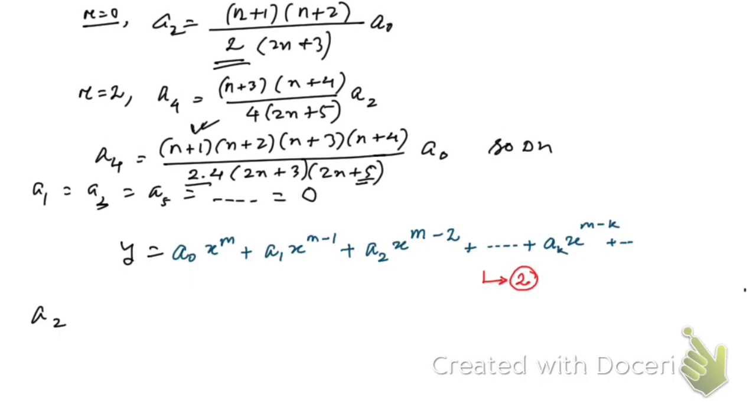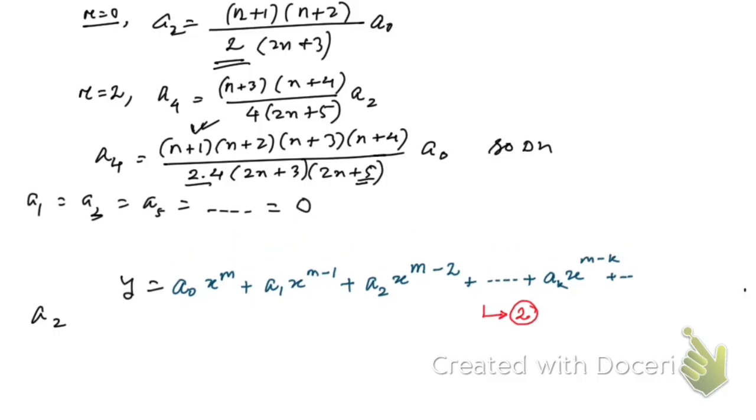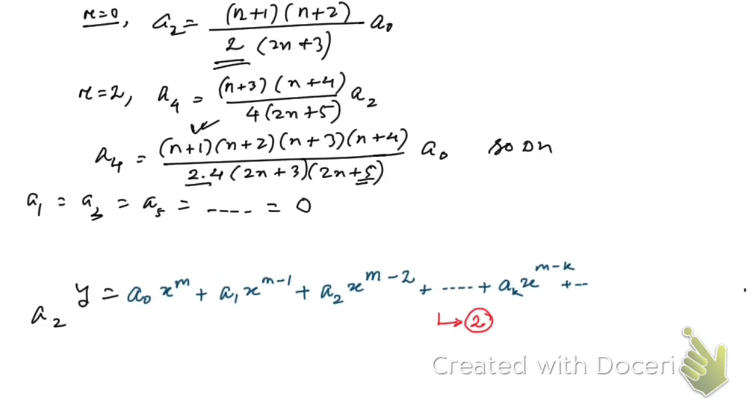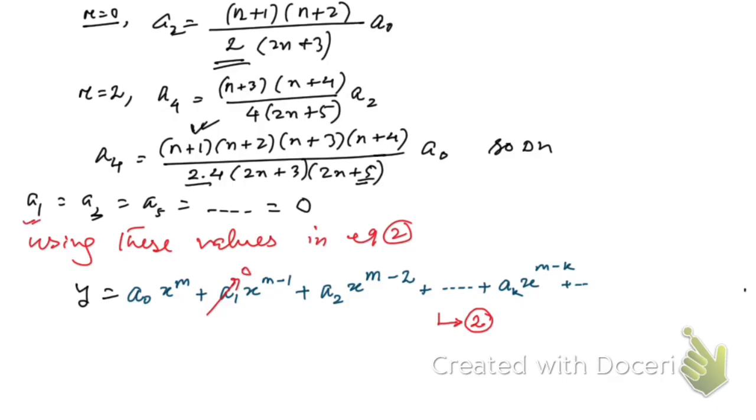What we need to do is write here that using these values in equation number 2. If we use these values in equation number 2, we're going to replace a1 by 0 because a1 is equal to 0, a3 is equal to 0. We're going to replace a2 by this value of a2. Similarly, we're going to replace a4 by this value, right?